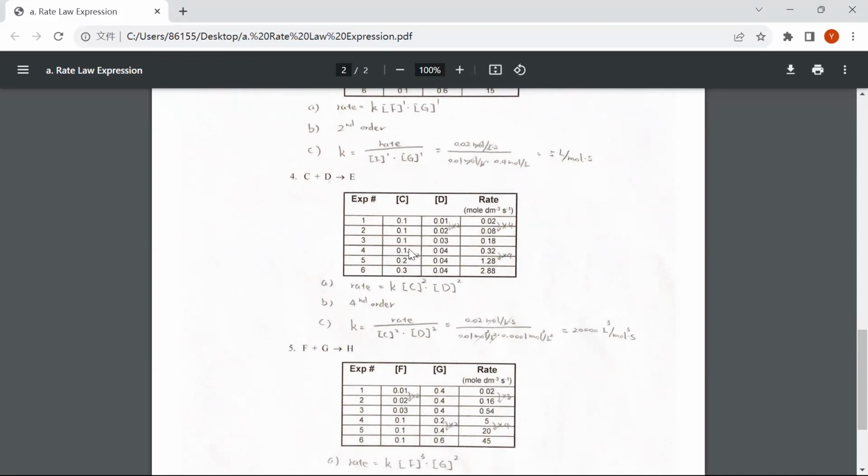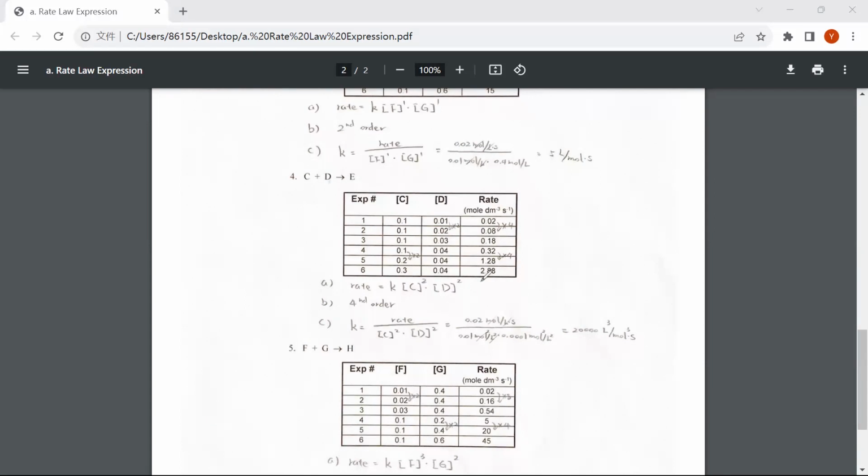So in this case, C is multiplied by 2, and the rate is actually multiplied by 4. So 2 to the power of 2 equals 4. So we get the exponent of 2 for C.